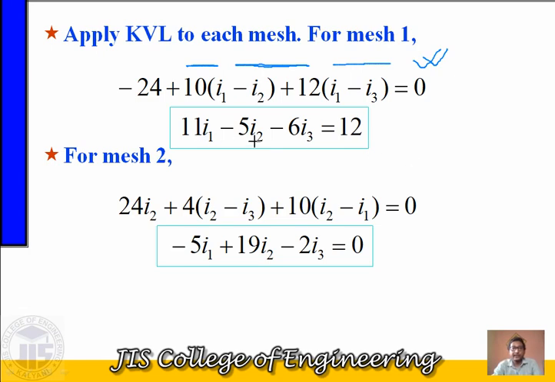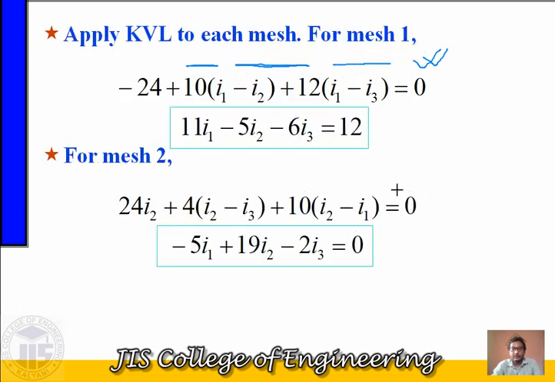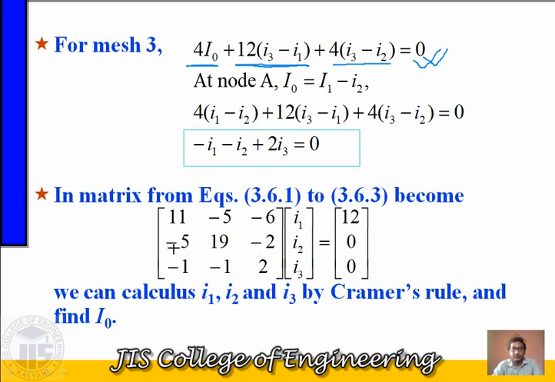So 11, minus 5, minus 6 equals 12, and the right side value is 12. Similarly for the second equation, the coefficient of I1 is minus 5, I2 coefficient is 19, I3 coefficient is minus 2, equals 0.